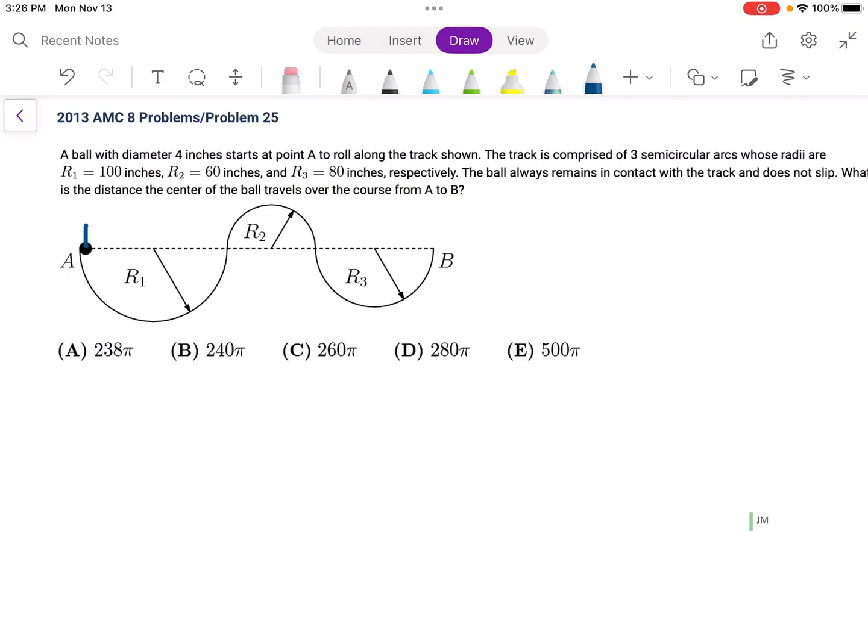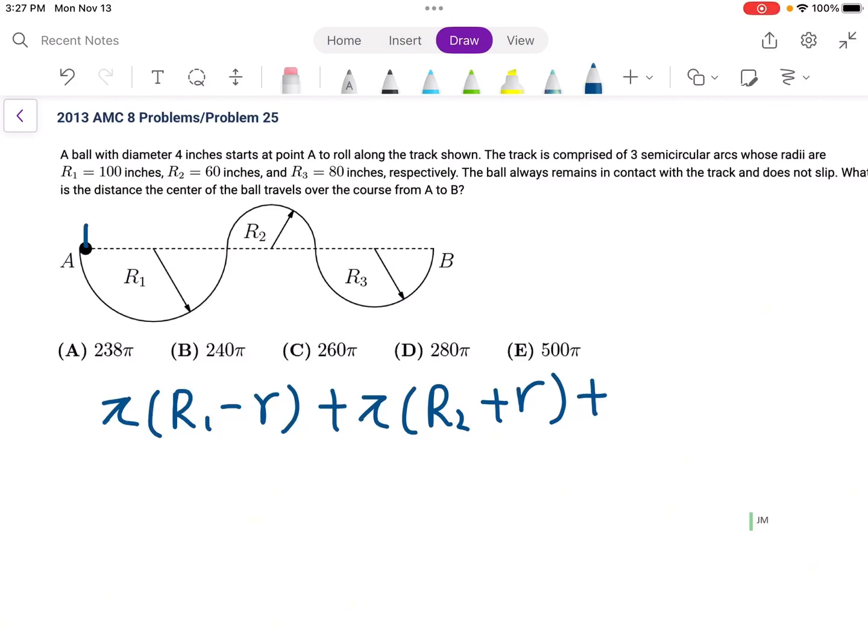Therefore, when the ball rolls along the semicircle for R1, the length will be pi multiplied by R1 subtract r. Let's assume the radius of the ball is smaller r. And plus pi R2 for R2, because it rolls along the edge. When it goes along R2, it will be on top of R2. So that's R2 plus r.